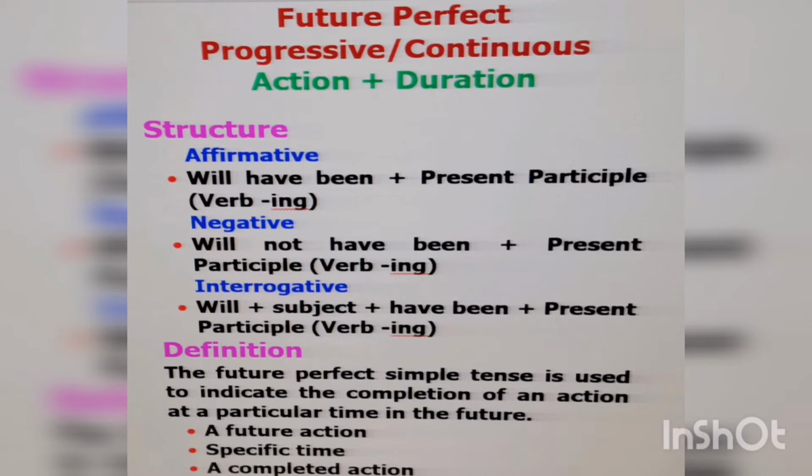And here I focus on a future action, specific time, and a completed action. And we should not forget the length, the duration of the action. Which means that with this tense, you should pay attention to number 4, length, duration.